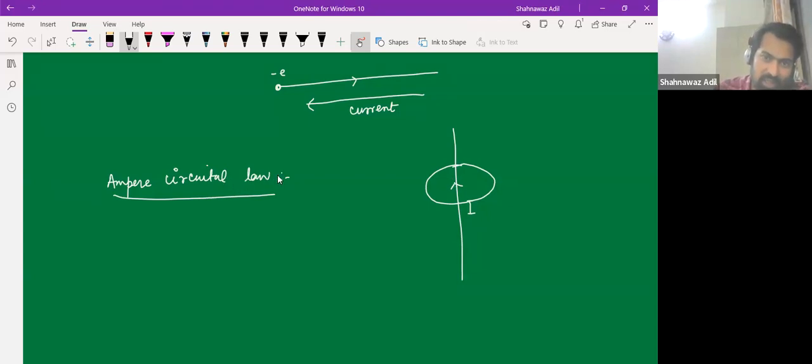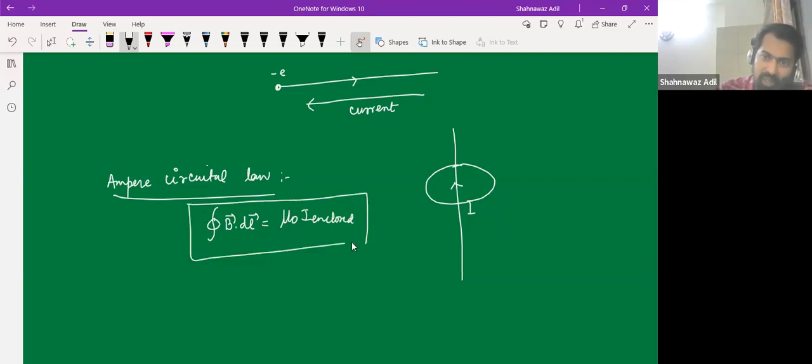You will study this in the fourth chapter, on magnetic fields. It is defined as the closed integral of B dot dl equal to mu naught times I enclosed.